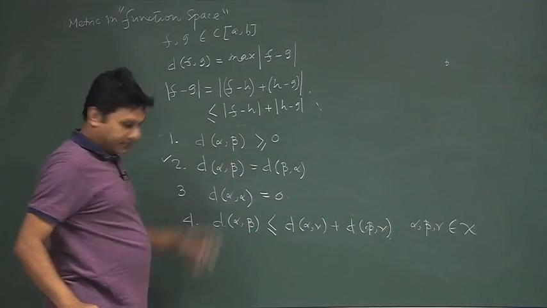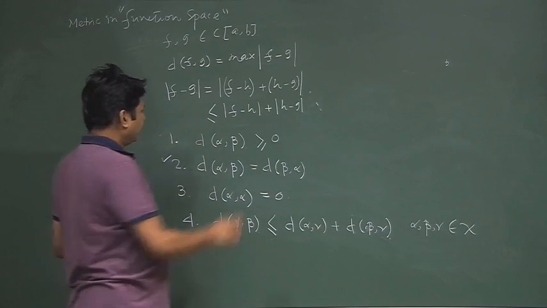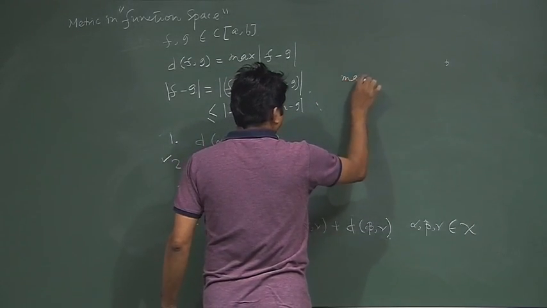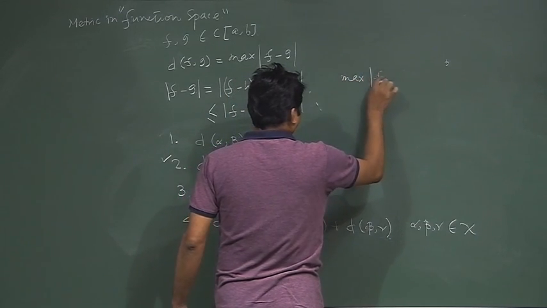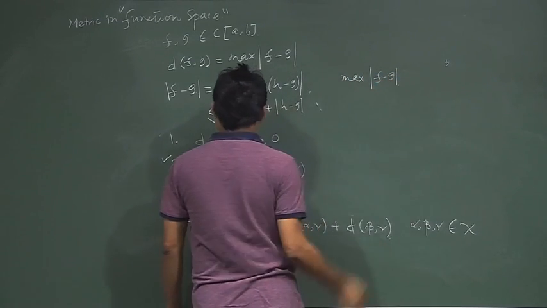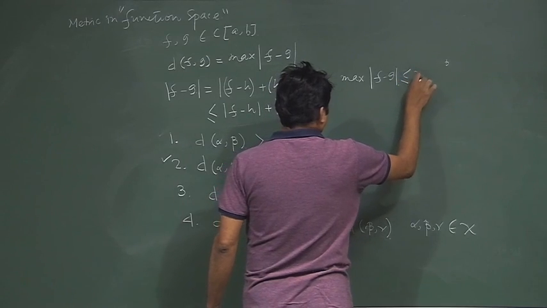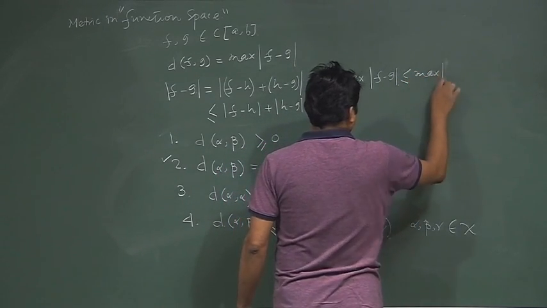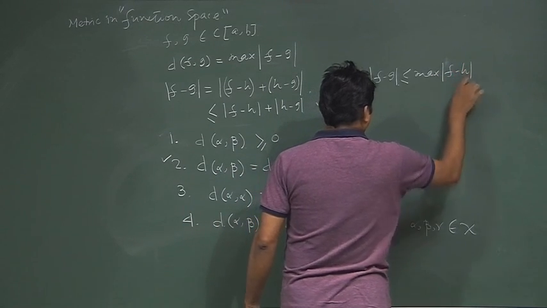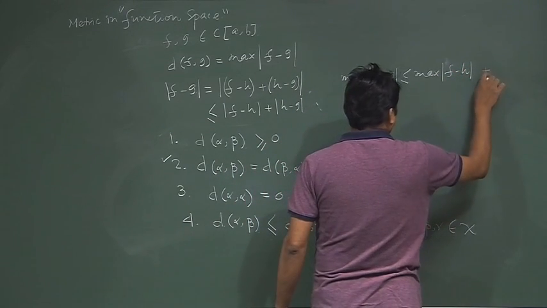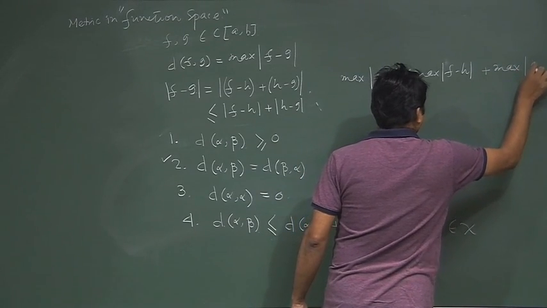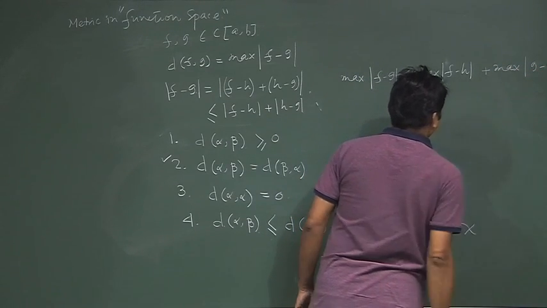If I write here, then I can take from this equation, the maxima will not change, f minus g is less than or equal to maxima of f minus h plus maxima of g minus h.